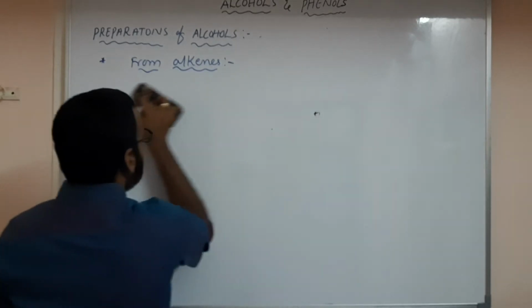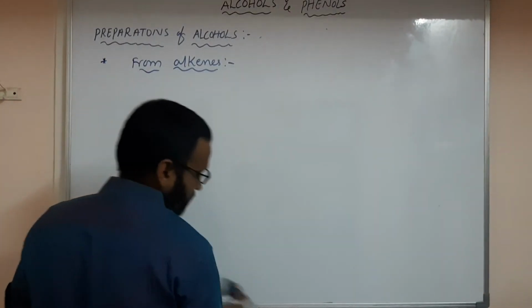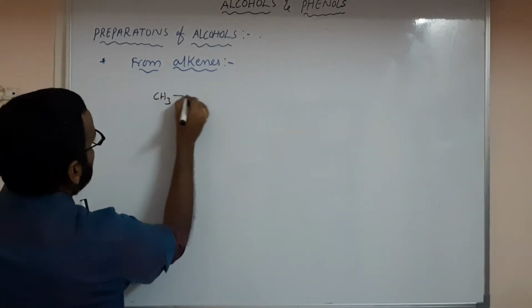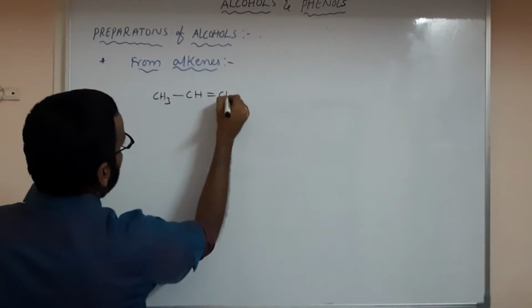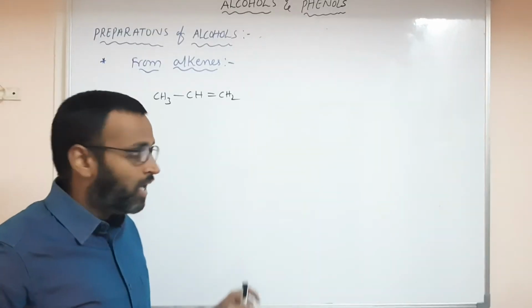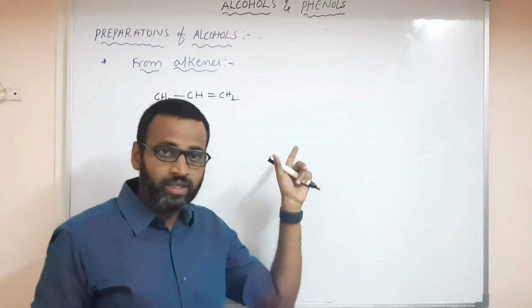Getting what I am saying? Here is the most important thing we discussed. Suppose CH3CH=CH2. As I said previously, if the alkene is symmetrical, there is no need for Markovnikov rule in haloalkanes.